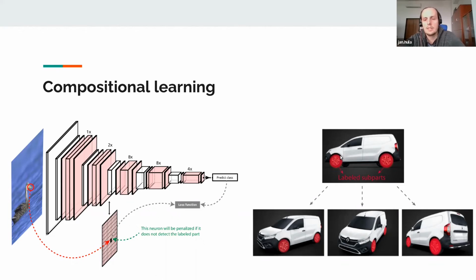And so what we did, we used this synthetic data generating framework to automatically produce labels for also these subparts. This would be very tedious to do by hand, to label these subparts on every image. But if you are generating the data synthetically, you can produce these labels very easily.